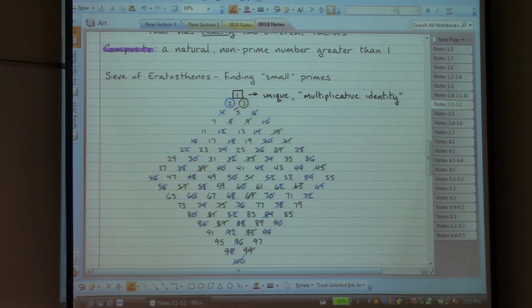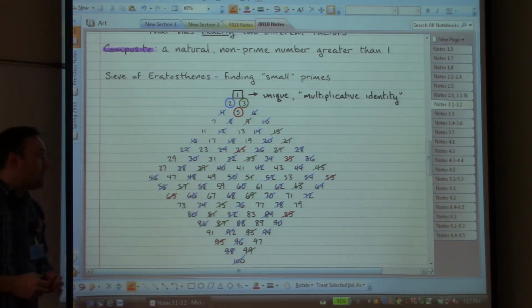We would continue to make passes through our list, circling and then crossing out any numbers that needed to be crossed out until we have no numbers in our list without a circle or a slash.